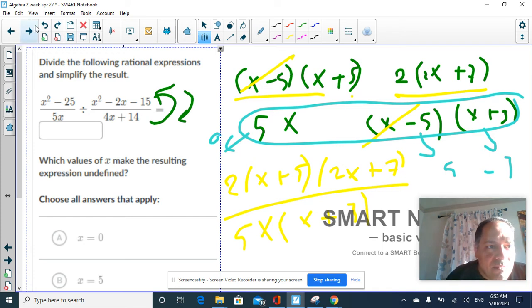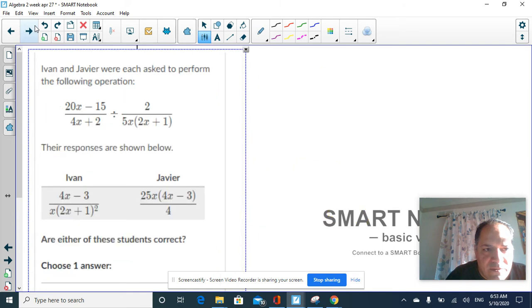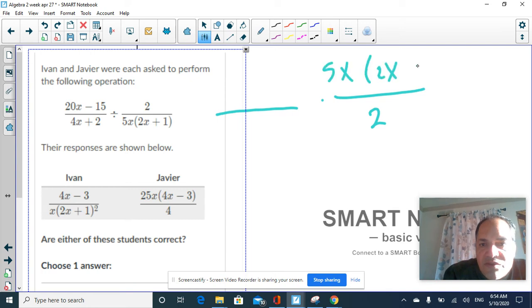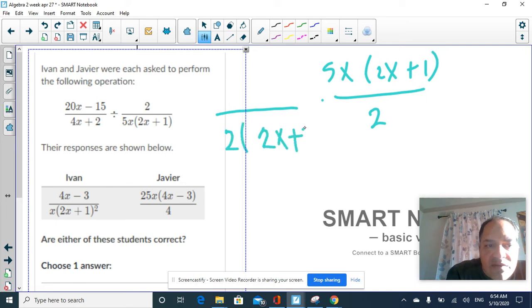Okay, we have another question, which is this one. So again, you have to flip and simplify and multiply. So the bottom will be 2, so you have 5x times (2x plus 1) at the top. We flip 4, so take out 2, so 2x plus 1, sorry.